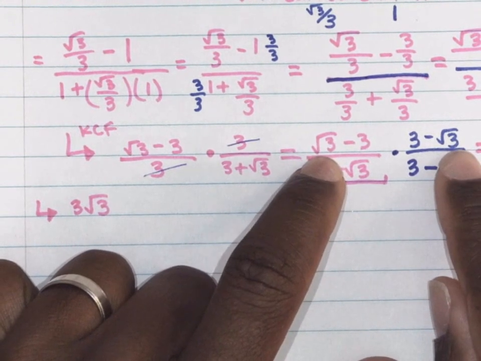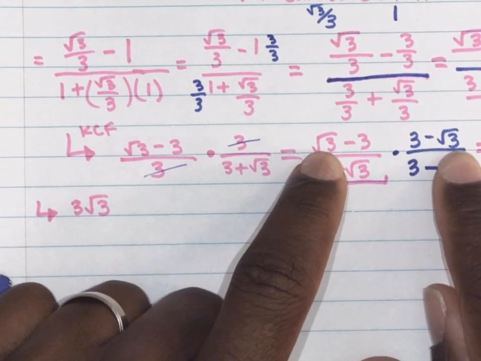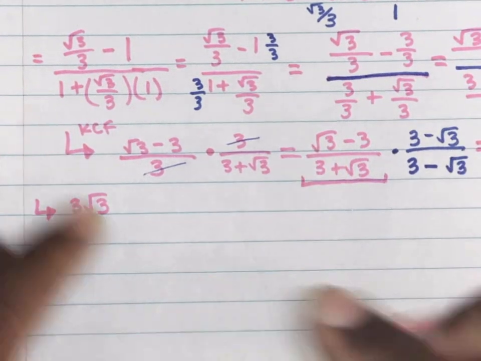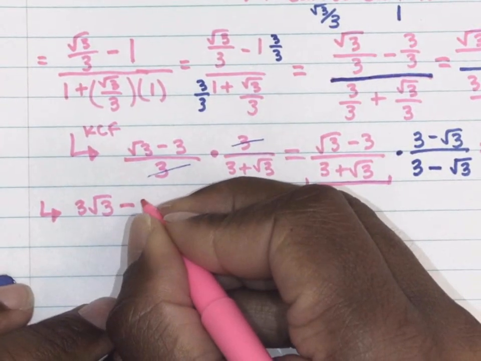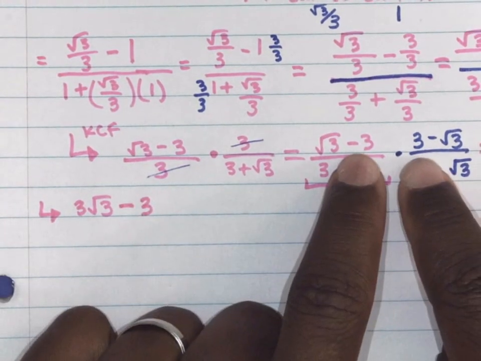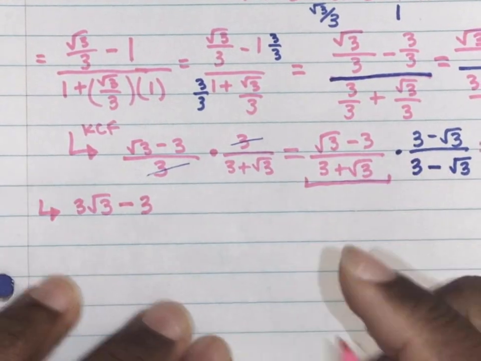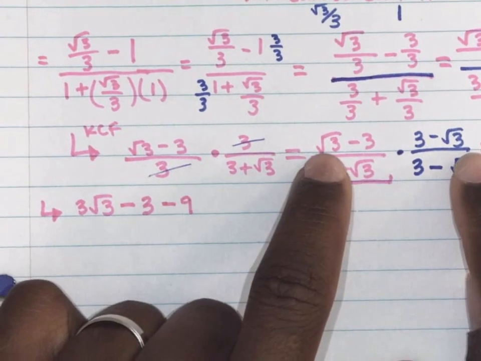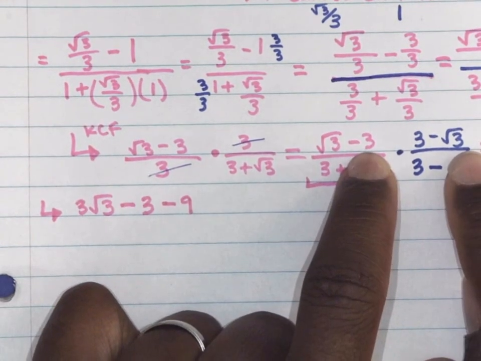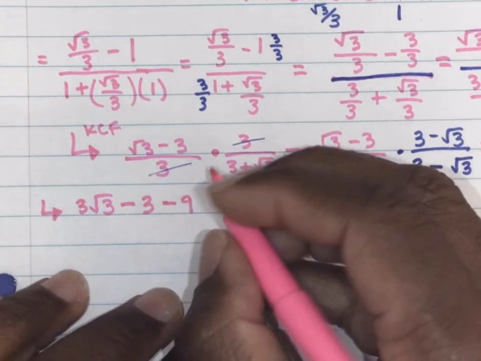Outer times outer is root 3 times root 3, a positive times a negative. That'll be negative square root of 9. The square root of 9 is 3. Inner times inner is negative 3 times positive 3. And then last times last is negative root 3 times negative 3.